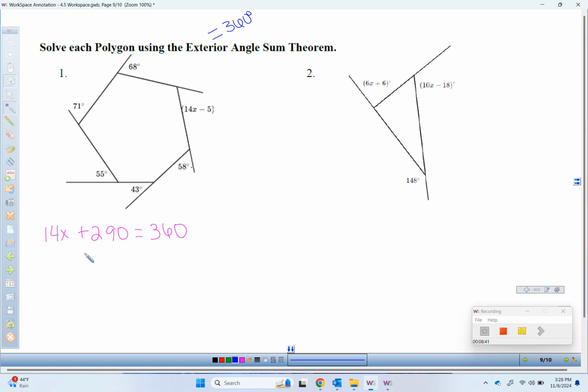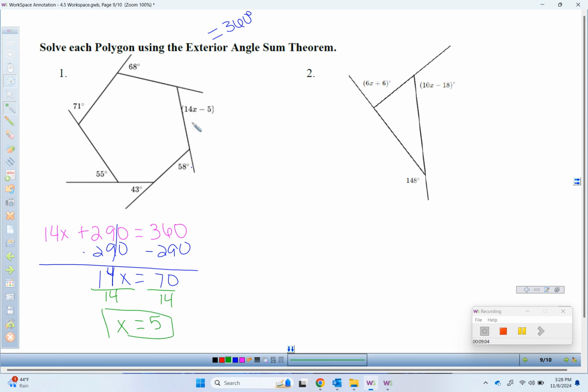Now it's just solving for x. Those will cancel. 14x, and you should get 70 here. Divide by 14, and you should get x equals 5.